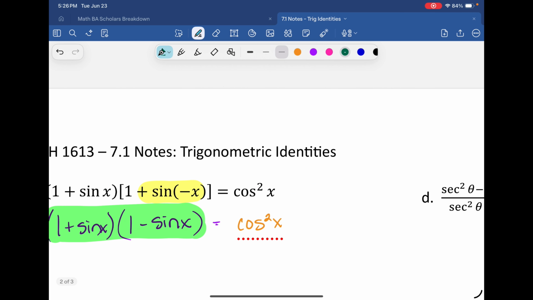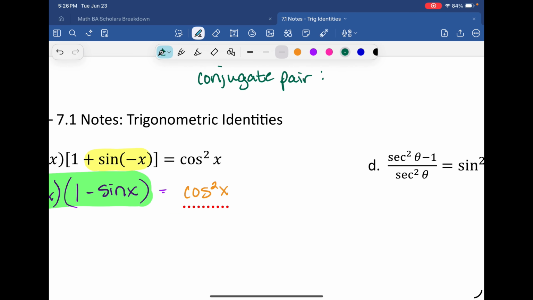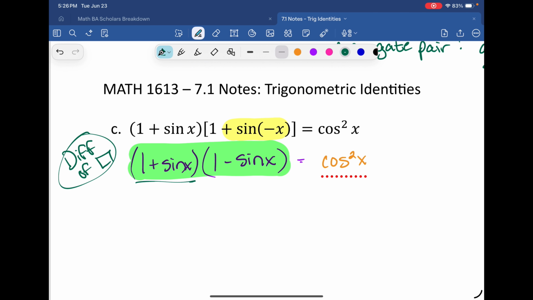A conjugate is adding or subtracting the same two terms. In this case, my two terms are 1 and sine x. I'm adding them and subtracting them. This is considered a conjugate pair. When I distribute a conjugate pair, I get a difference of squares.